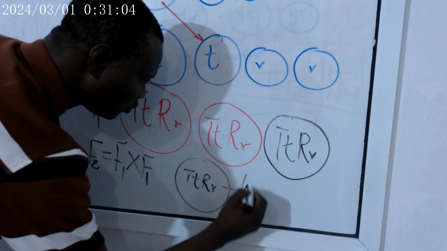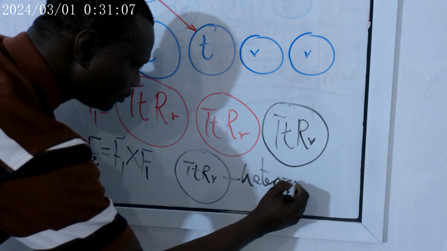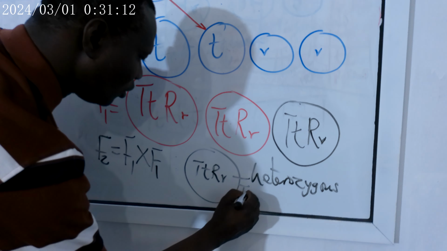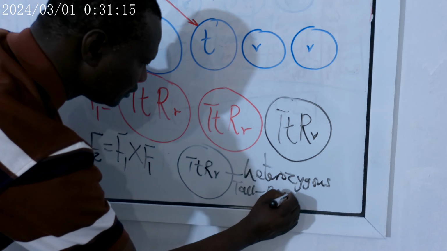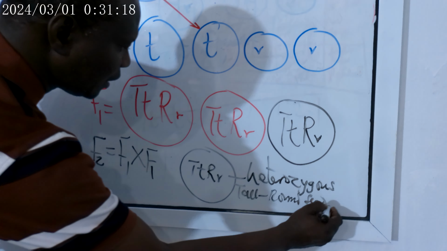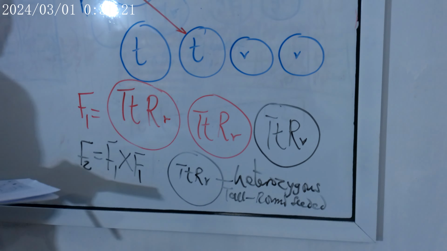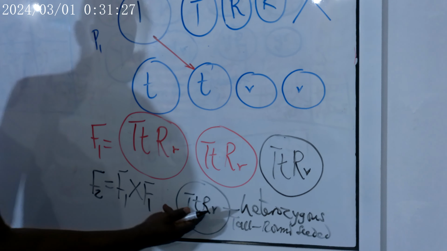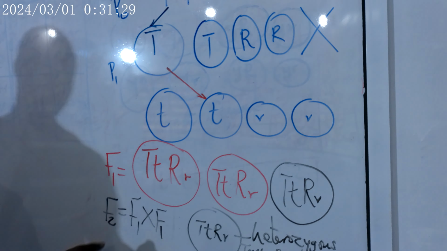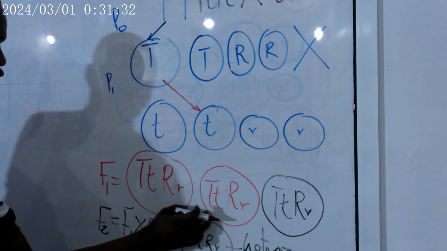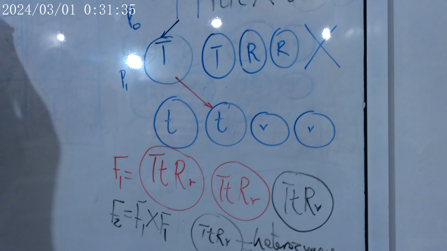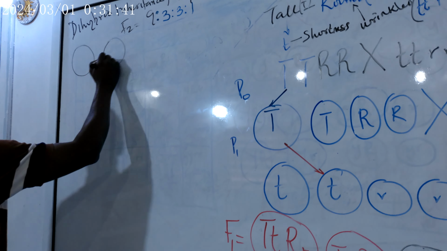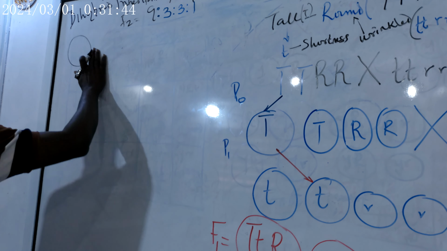Don't forget that I said all will be heterozygous, that will be tall, round seeded. That is the result of the first filial generation. All will be tall round seeded, but heterozygous. And when you want to cross it, that means you are picking any of these two. That is what you will cross to get your F2 now. So it's going to be like this.